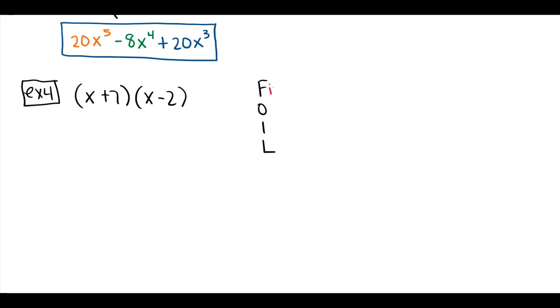The F stands for first, which means you take the first term of each of the binomials and multiply them together. So x times x gives me x squared. Then the O stands for outside, that means you take the outside terms of each of those binomials and multiply them by each other. And so x times negative 2 gives me a negative 2x.